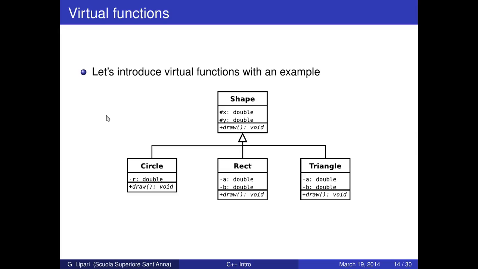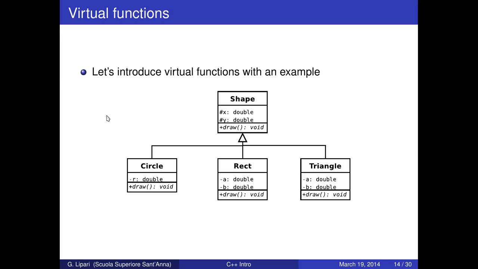Okay, so one typical way of doing this is to put some common code in a basic class called shape. This is going to be the base class, and then write specific implementation in the derived classes. So you have a more general class, the base class called shape, where, for example, I define the coordinates of the center of the shape, and these are x and y.